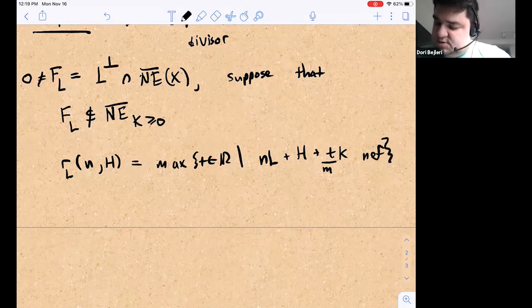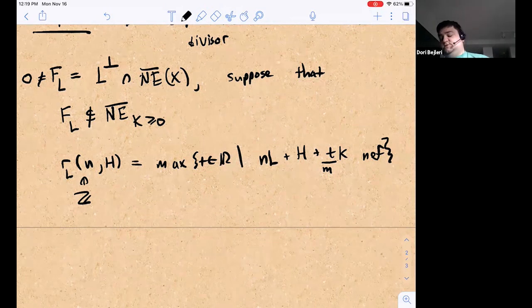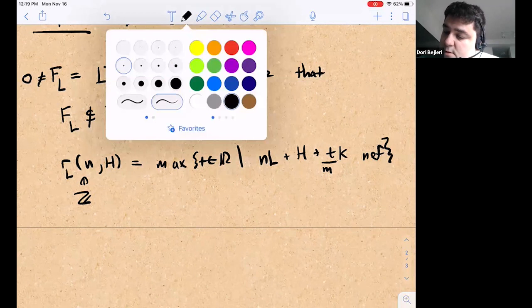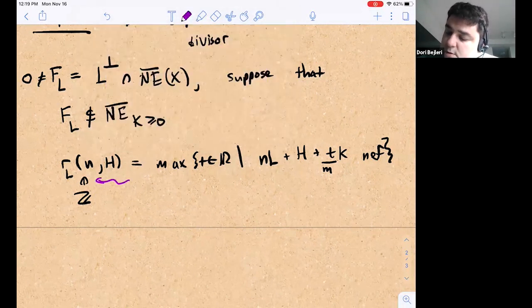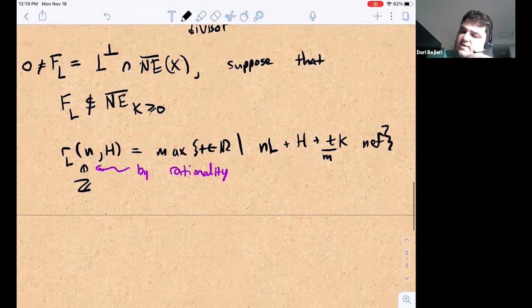So this R_L, we've normalized everything. So this is really an integer because we know we have this common denominator M in our rationality theorem that works for any divisors that we can plug in. Okay, and now we can think of what happens when we increase n.